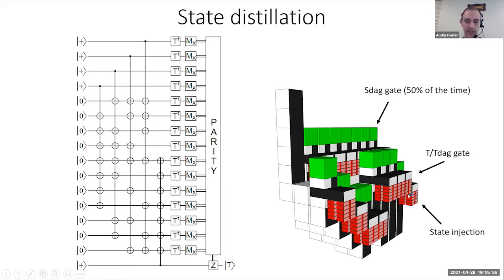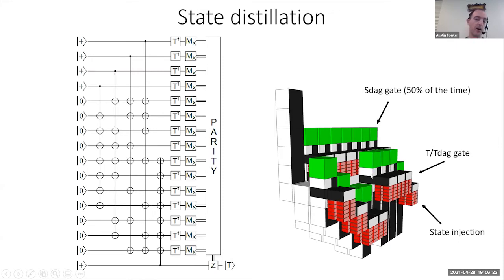Having injected our T state, we then use this structure to do either a T or T dagger gate. So these are probabilistic. 50-50, you get T or T dagger. Then finally, there's this green blob. This green blob is the gate that corrects for a T when you really wanted T dagger. So they're only included 50% of the time. And in particular, what I wanted you to take away is this vertical gap here.